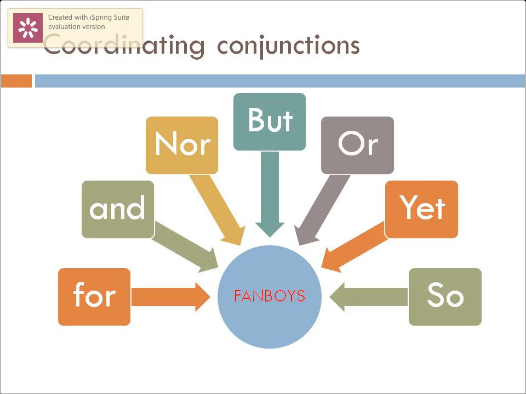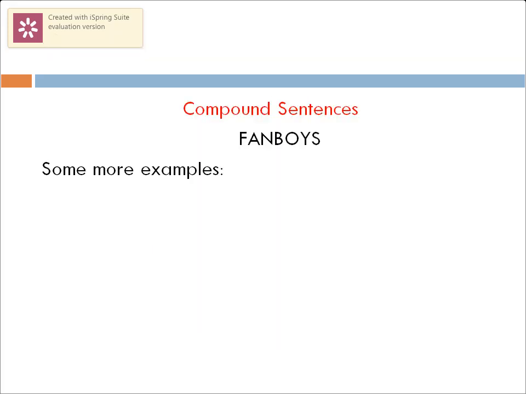So coordinating conjunctions are very few, and they can be remembered by using this acronym FANBOYS: for, and, nor, but, or, yet, and so. Now let's look at some more examples of compound sentences formed by using the coordinating conjunctions FANBOYS.